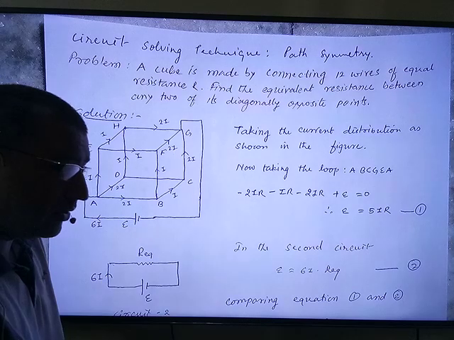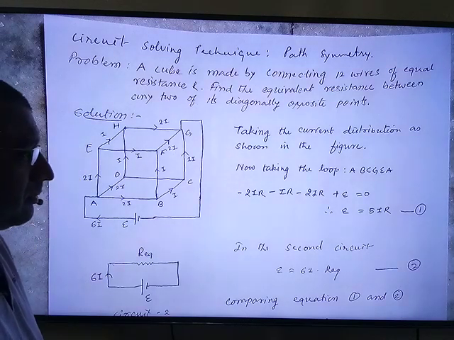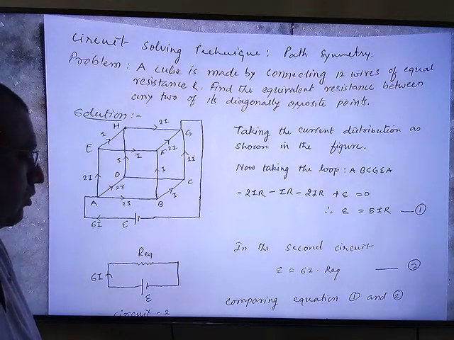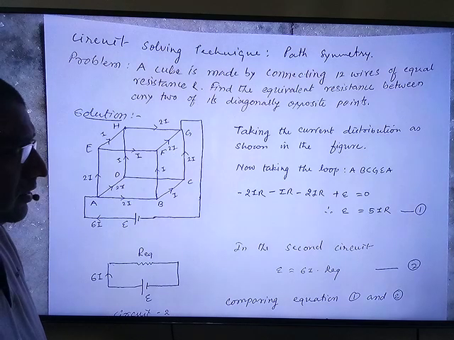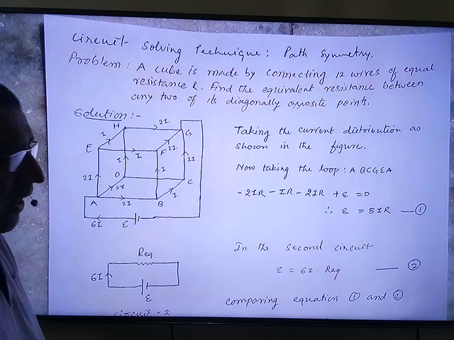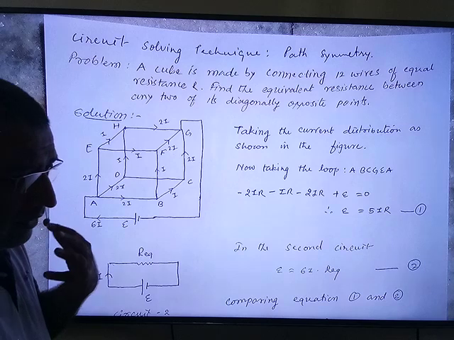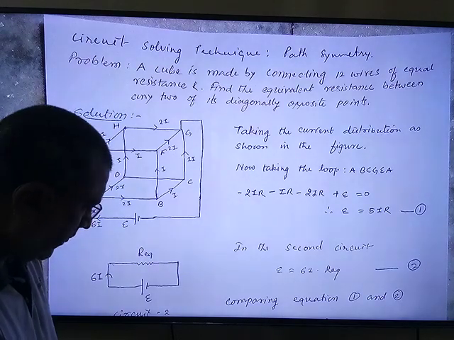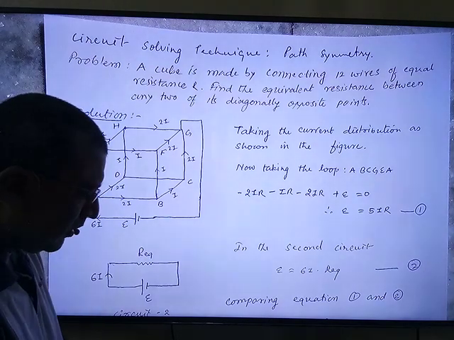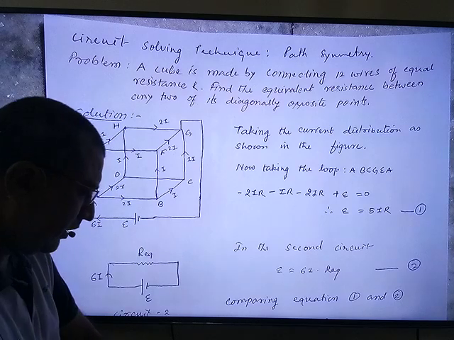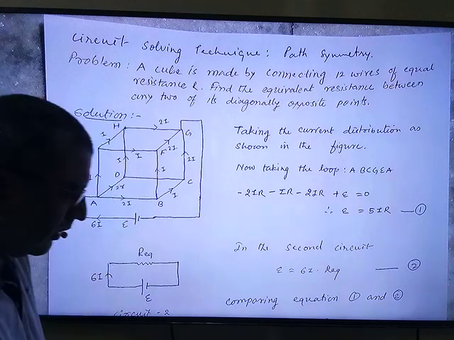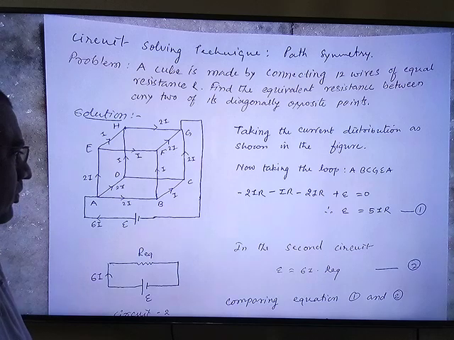We will see some more illustrations of path symmetry in the next videos to come. Actually, there are many more ways to look at the symmetry of circuits. We will see them in the lectures to come.